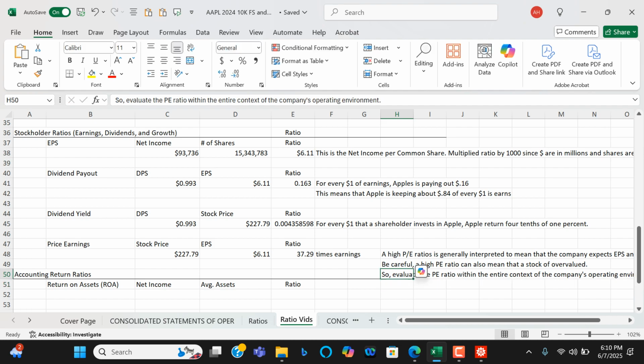When you look at a P/E ratio, is a high P/E ratio good? It's better than a low P/E ratio, maybe, but generally speaking, a high P/E ratio means there's some expected growth there. But look at the company too. Has it grown too fast? Has the stock outpriced itself? There's a lot of factors because you have to consider the industry. What's the industry average? All sorts of things. So be careful with P/E ratios.